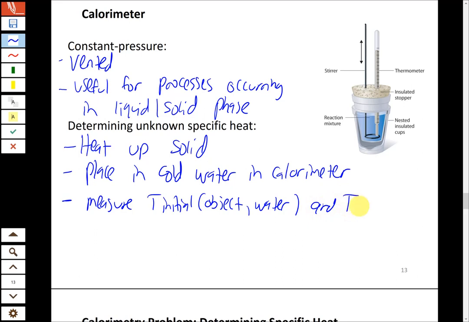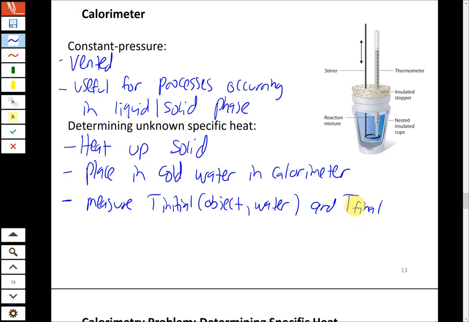And then you're also going to measure the final temperature, which will be the same for both, because the heat is going to stop transferring when they get to that same final temperature. So you measure basically three temperatures: the initial temperature of the hot object, the initial temperature of the water you're putting it into, and the final temperature that both of them reach once the heat is no longer being transferred.